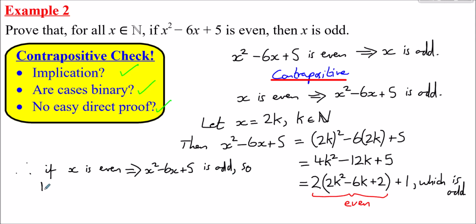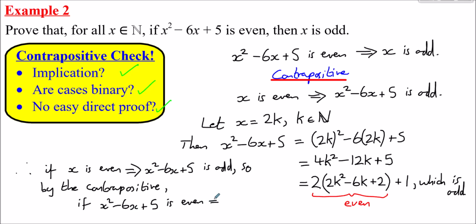So by the contrapositive, if x squared minus 6x plus 5 is even, we've proven that x would have to be odd.